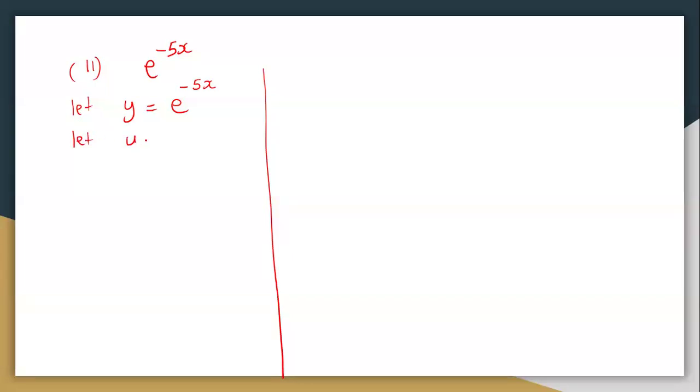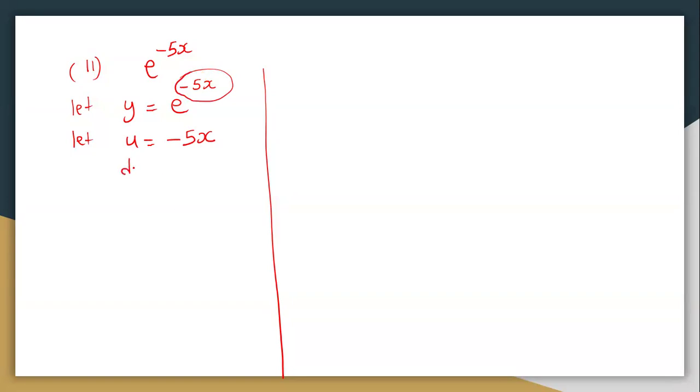Our second number, we have e power negative 5x. So still we shall first say let y equal e^(-5x). Then we are going to let our u equal the power, -5x. We always let out this power here, such that we have just one variable up there.